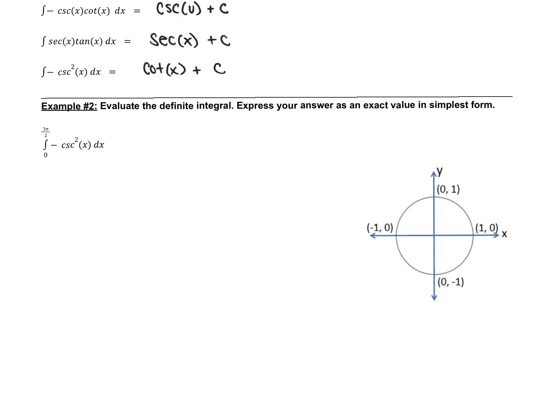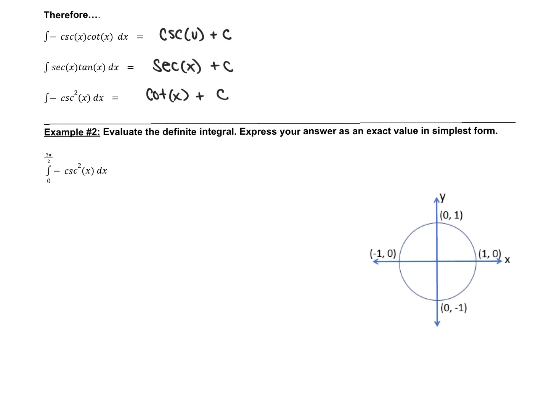Example number 2 here says, evaluate the definite integral and express your answer as an exact value in simplest form. So if I want to integrate negative cosecant squared of x, that's going to have to be this one, right? Integrate negative cosecant squared. That's going to give me cotangent.